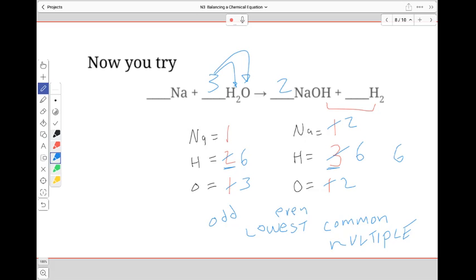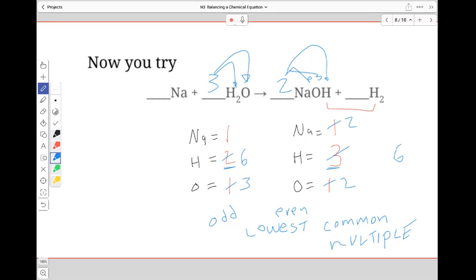But that's not okay, because it's not 6, well, it is 6. What is it? It's 4. I lied. Because the 2 distributes to the sodium, it distributes to the oxygen, and it distributes to the hydrogen.